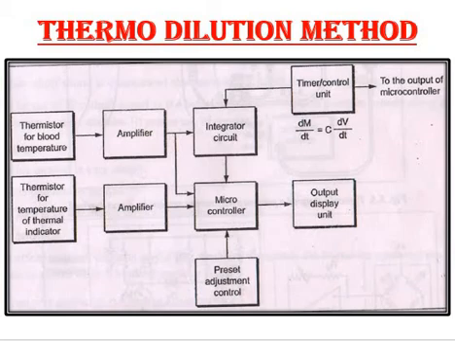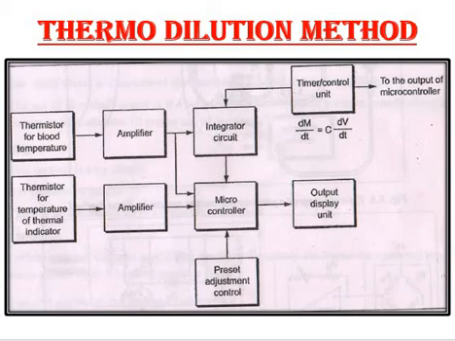The temperature of the blood is measured using a thermistor before entering the heart, and one more thermistor is placed at the point where the blood leaves the heart.